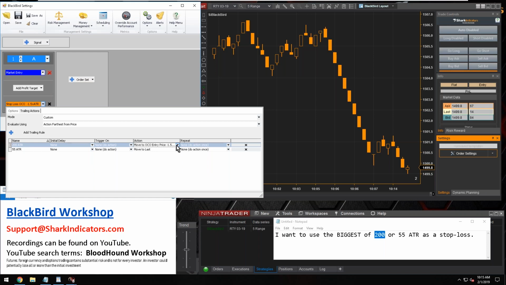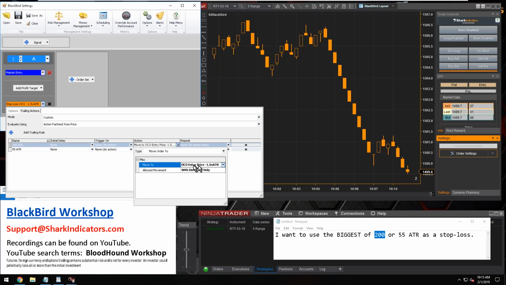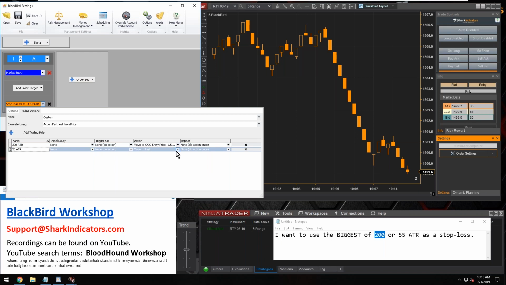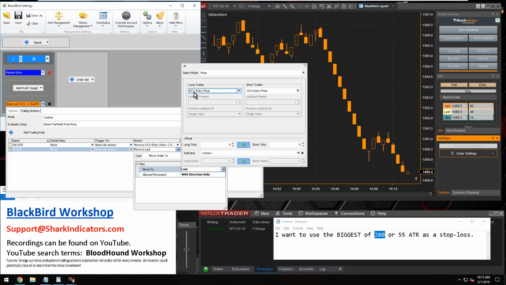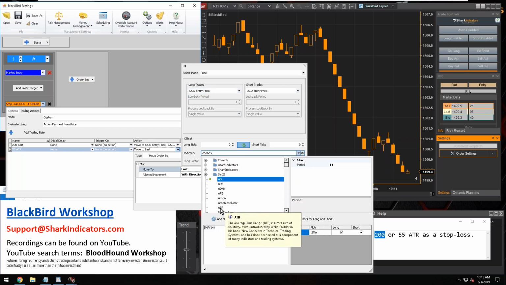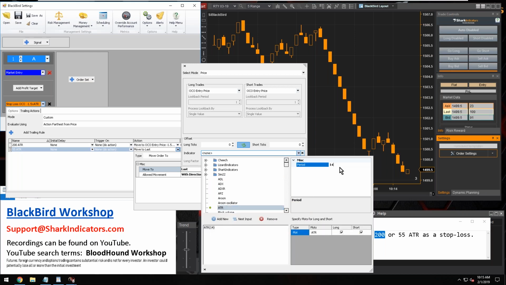This action will calculate the 200 period ATR, and then this next trailing rule down here, we'll set up basically the exact same way. We want to select the entry price first, and then go down into the offset section and set the ATR again. And then this time we'll put in the 55 period, like so.